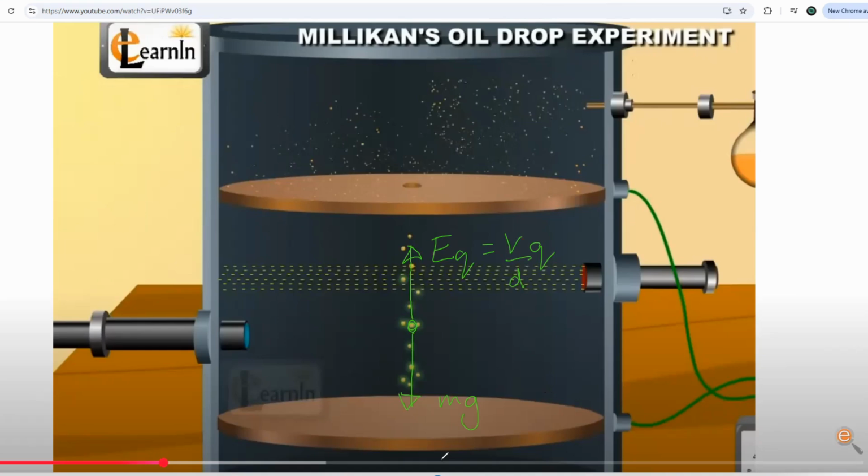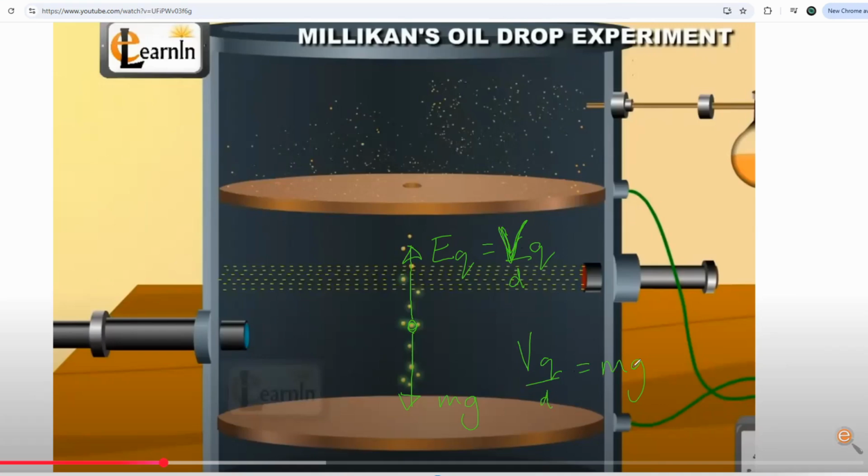This is really hard. I've done this experiment. It's impossibly difficult. Now, V, this is the voltage now, that's a big V, not the velocity, the voltage, times Q over d is equal to mg. And remember, we can get the mass from the velocity reading when there isn't a potential difference across.